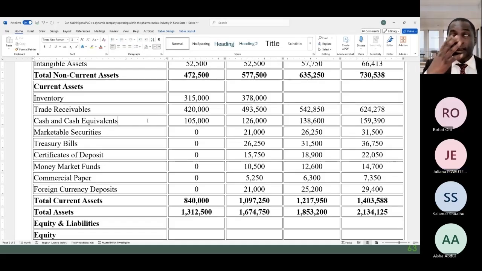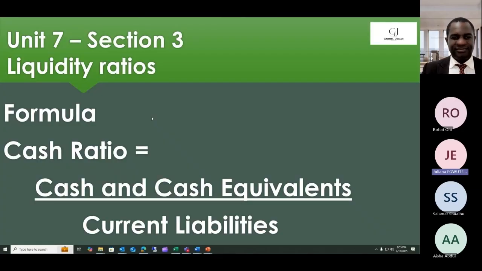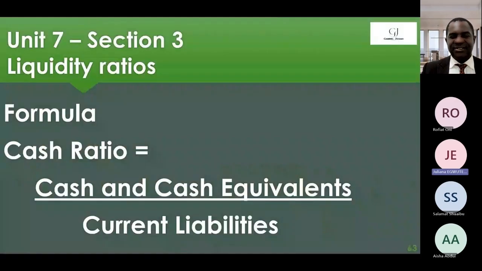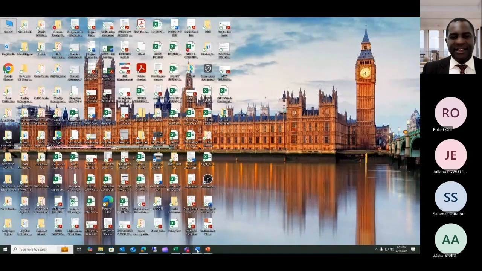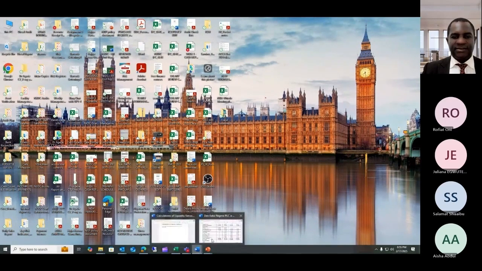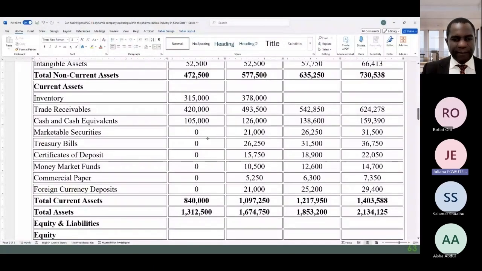So where you don't have cash and cash equivalent, cash at hand and cash at bank will do. Please feel free to interject and ask, because those are the exam conditions. Nice question, Julie. Thank you, sir.